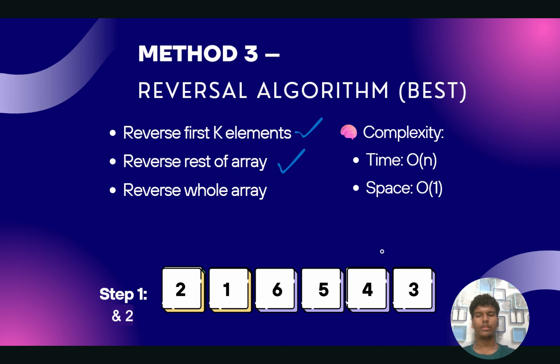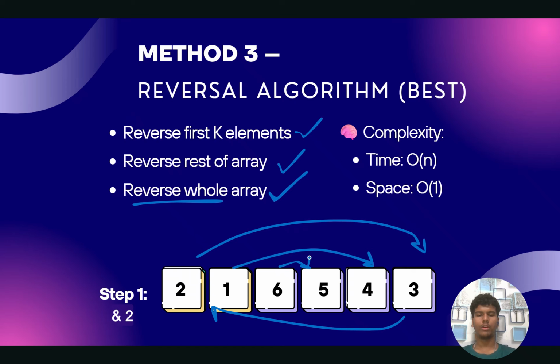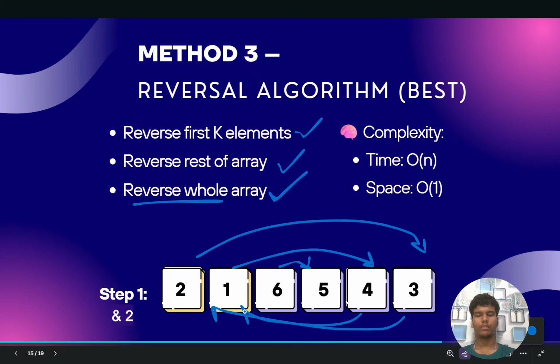Let's check the last step, in which we reverse the whole array, which means 2 goes to the last and 3 goes to the front, and similarly 1 goes to 4 and 6 goes here, and vice versa. Let's see how it goes.